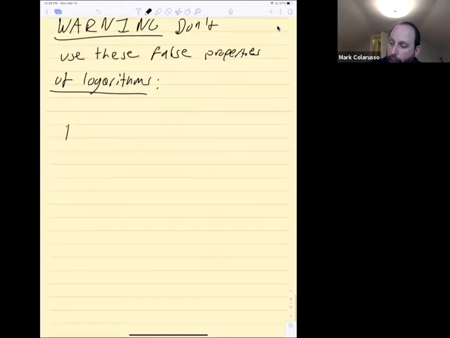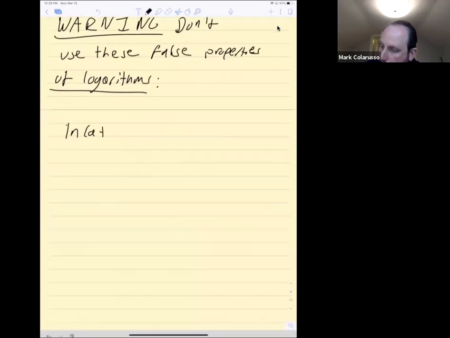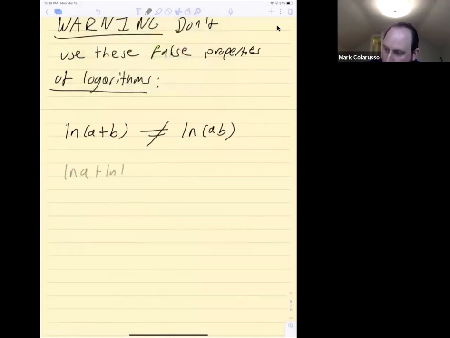So the ln of a plus b is not equal to the ln of a times the ln of b, right? What's true is the ln of a plus the ln of b is equal to the ln of the product.